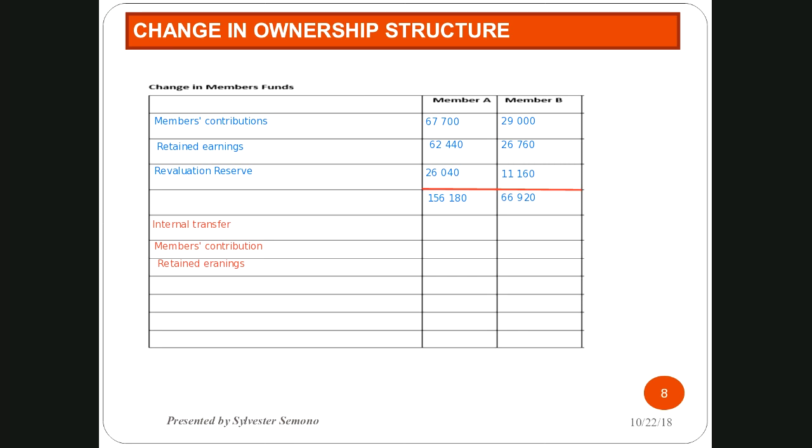Now, I think you remember we did this before. We need to take something from A to B. Let's start with the members' contribution here. Remember, we need to use that share that is going to get the 20%. So what we need to do, we need to check 20% of the members' contribution for A, and we're going to take it out of A. So what is 20% of 67,700?